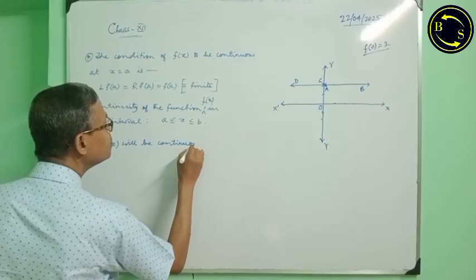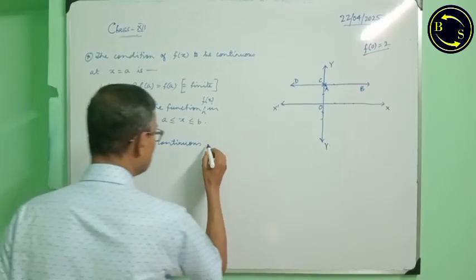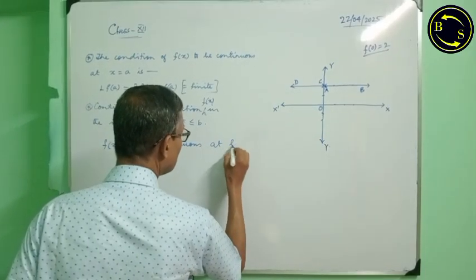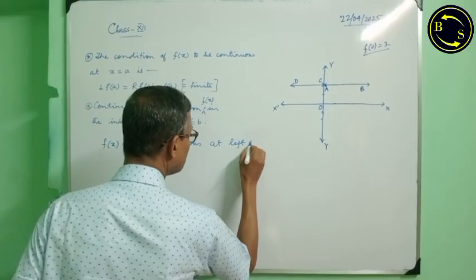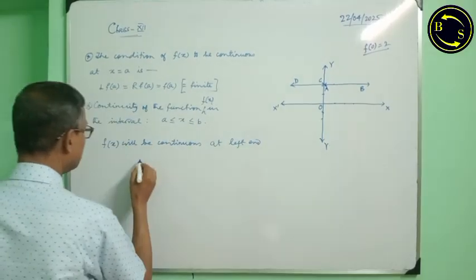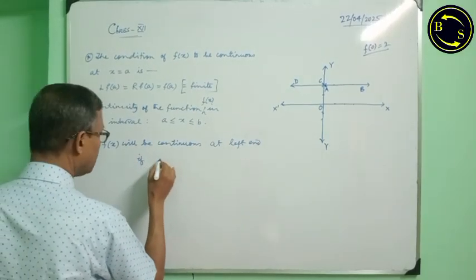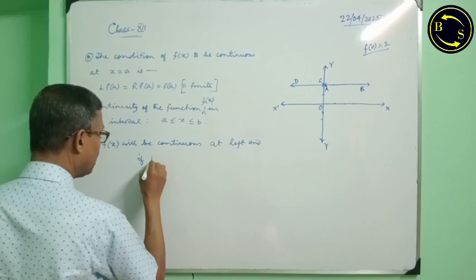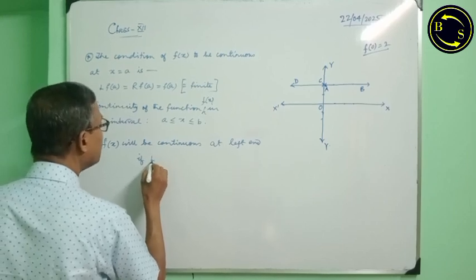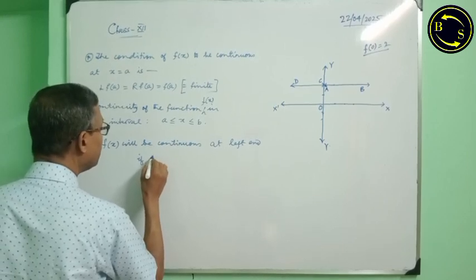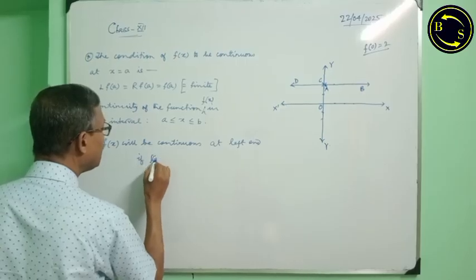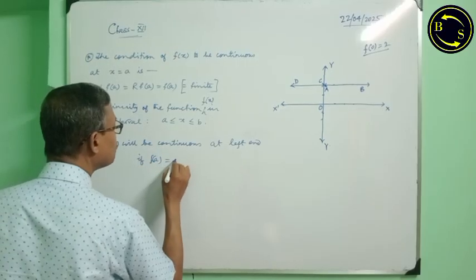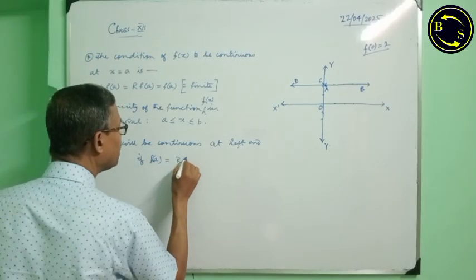continuous at the left end if f(a) is equal to the right hand limit of f(x) as x tends to a.